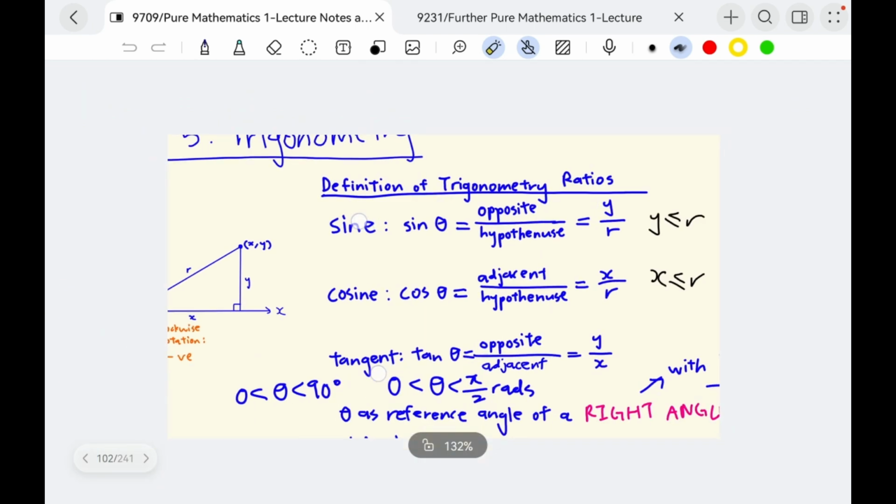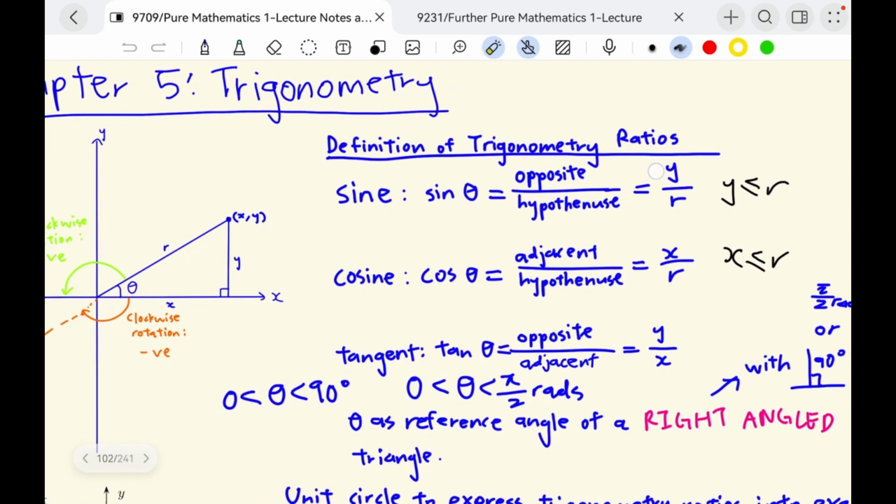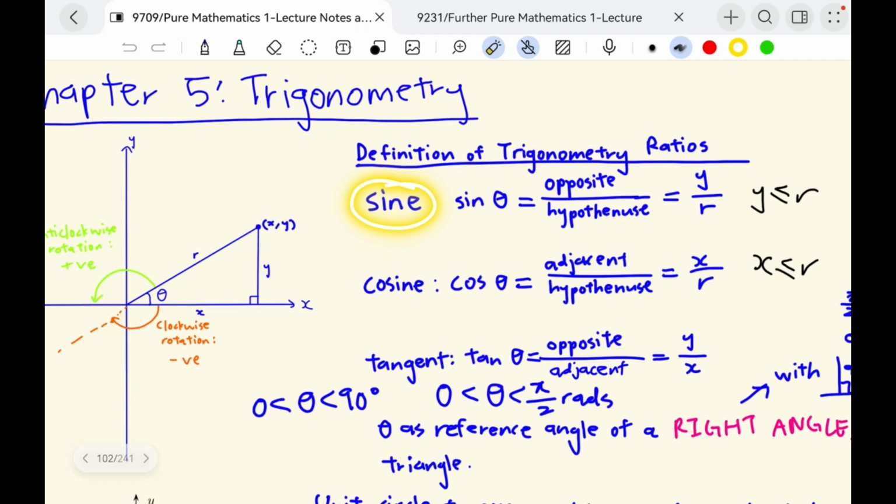So let's dive into the definition of the trigonometric ratios. For the sine, we can express it as sine theta, which is equal to opposite over hypotenuse. I'll explain why sine theta cannot be greater than 1 in magnitude.